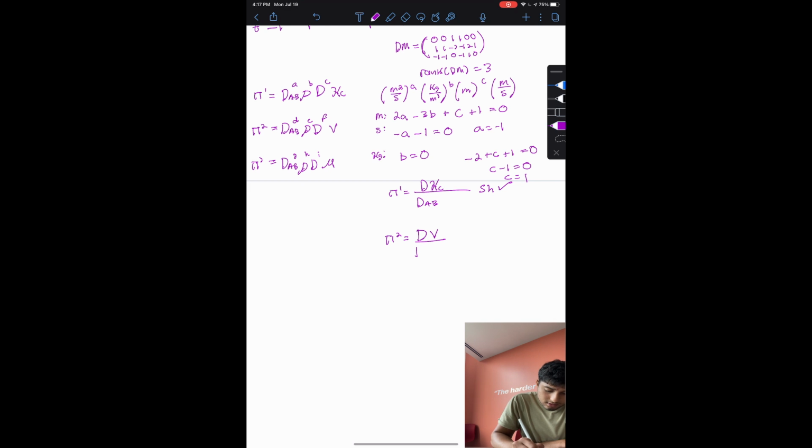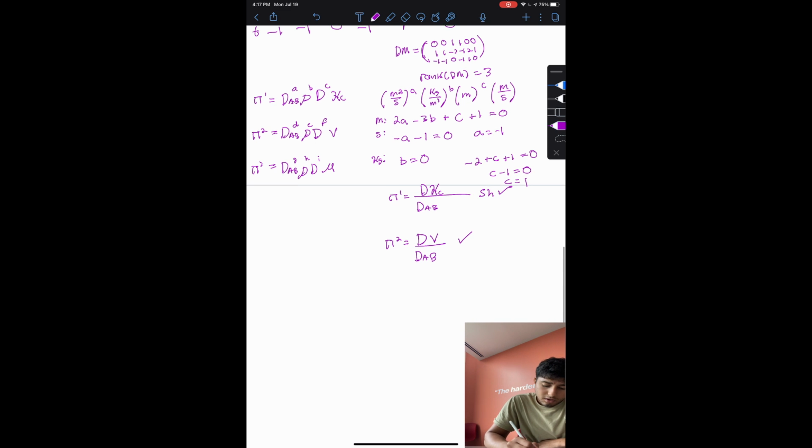So we end up finding that. Okay, I'm gonna fix it. We know this is the Peclet number.